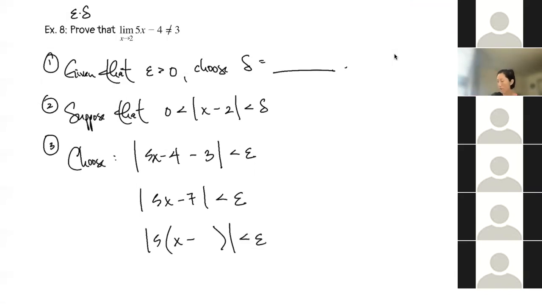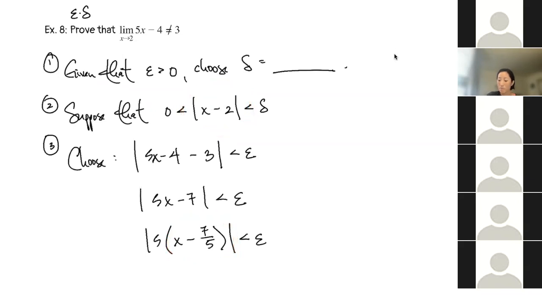If I factor out a 5, what do I get in that second term? 7/5. Yeah, 7/5. Nice job. So 7/5. Well, I was hoping to find an x minus 2. But what I got was an x minus 7/5.